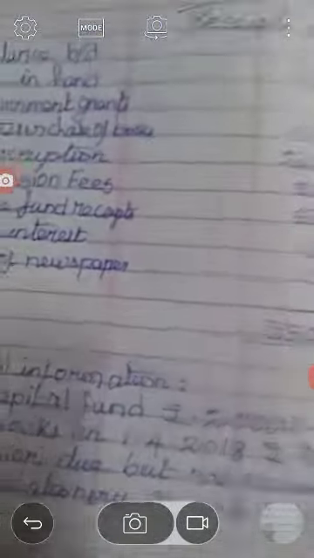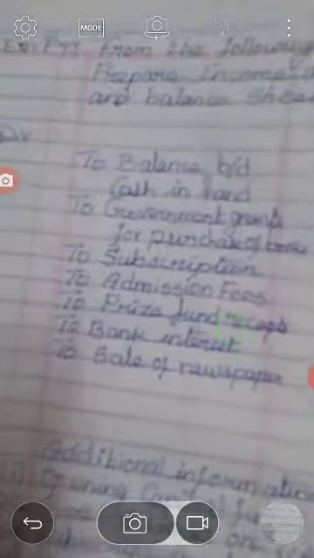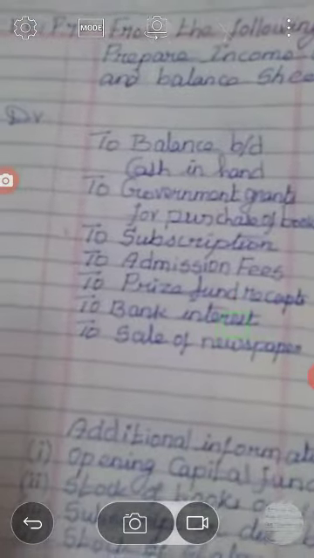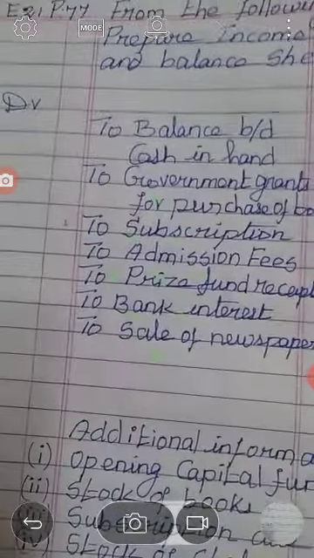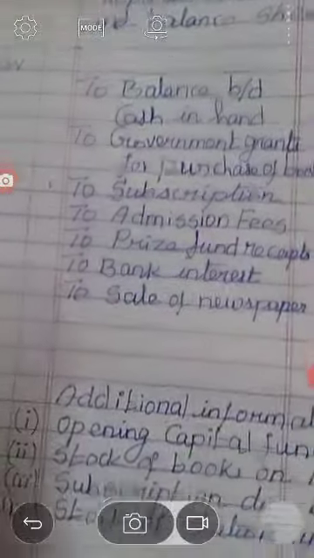Then next admission, so the subscription is 24,800. You have already put a mark on it, so some adjustments should be given. In the additional information, subscription due but not received is 1,700.